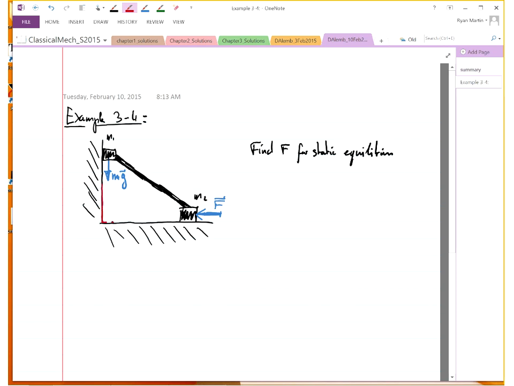So let me introduce a coordinate system. Okay, so now we know that we can use, say, x1, y1, and z1 for mass m1, and x2, y2, z2 for mass m2. So in principle, there are 6 possible degrees of freedom.